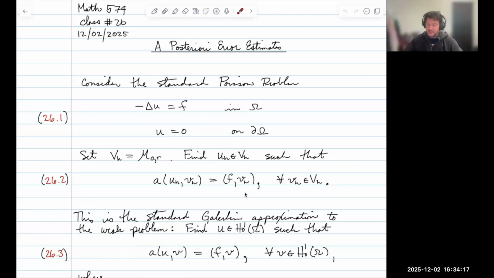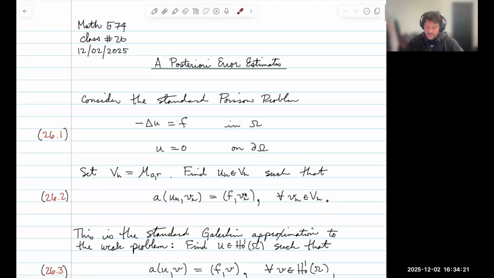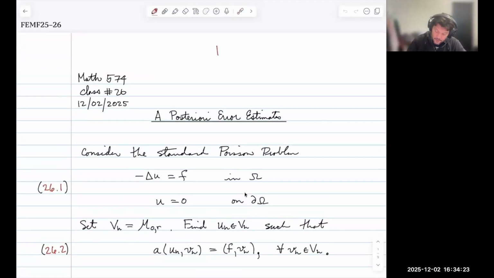That's the type of error estimates we've done all along. And so that involves saying something like the difference between the solution and the finite element approximation in some norm, let's say like L2, is less than some constant times h squared, times the h2 seminorm of u.